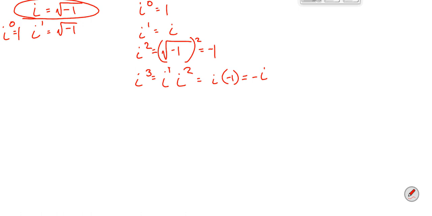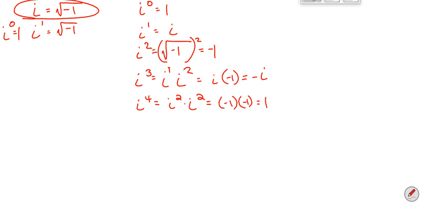Then i to the fourth, I can break into any powers of i, but I'm going to say it's i squared times i squared, because that would be easy. Remember, i squared is -1, so that's -1 times -1, which is +1.